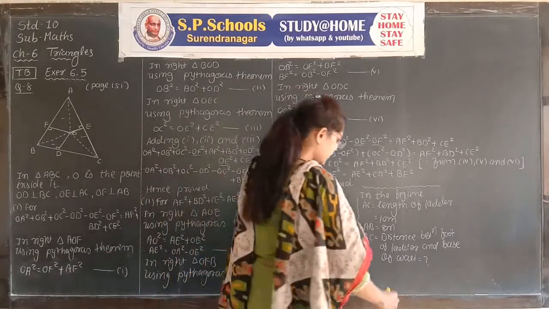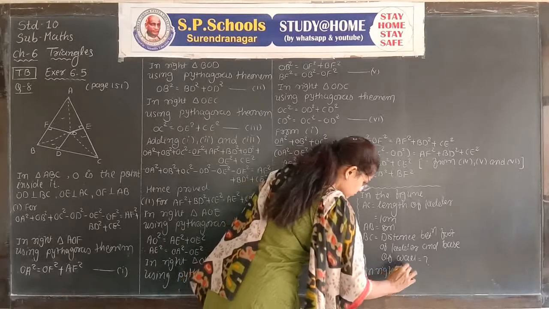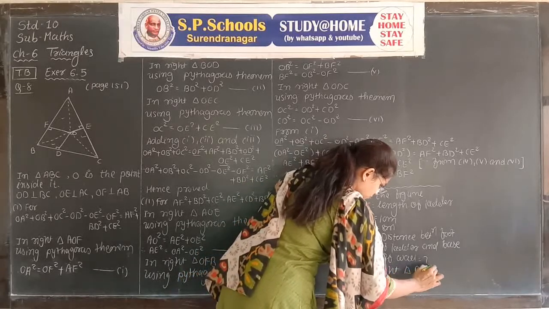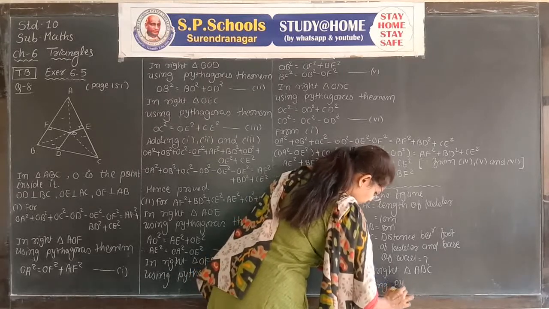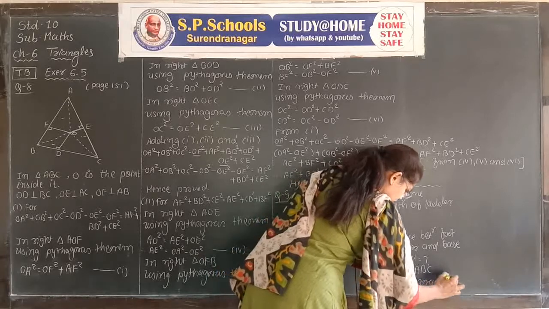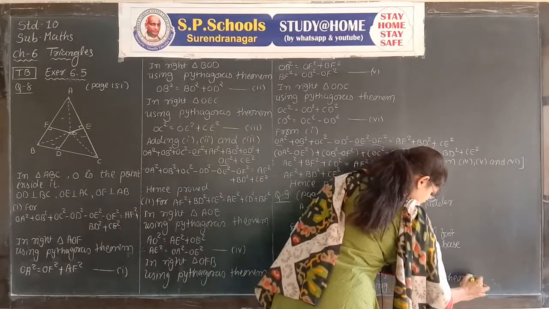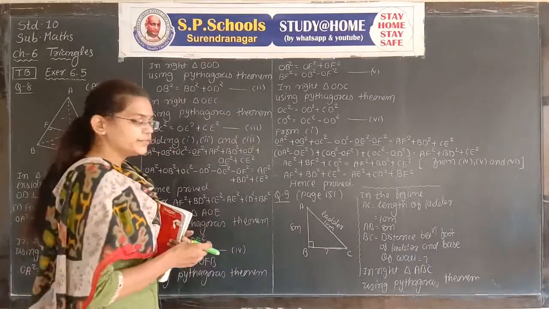In right triangle ABC, using Pythagoras theorem, we have to use Pythagoras theorem to find BC.